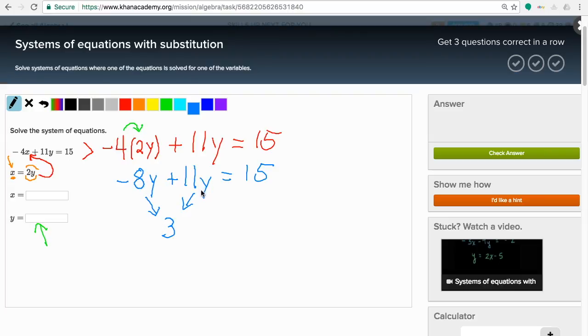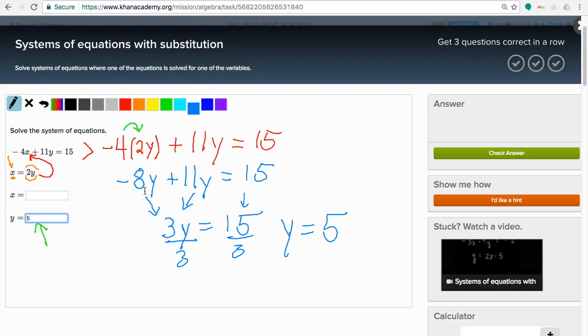So negative 8 plus 11 is positive 3. So positive 3y equals all the stuff on the other side, which is just 15. To finish off this part, we divide both sides by 3, and that will give us y equals 5. So we can put that here.